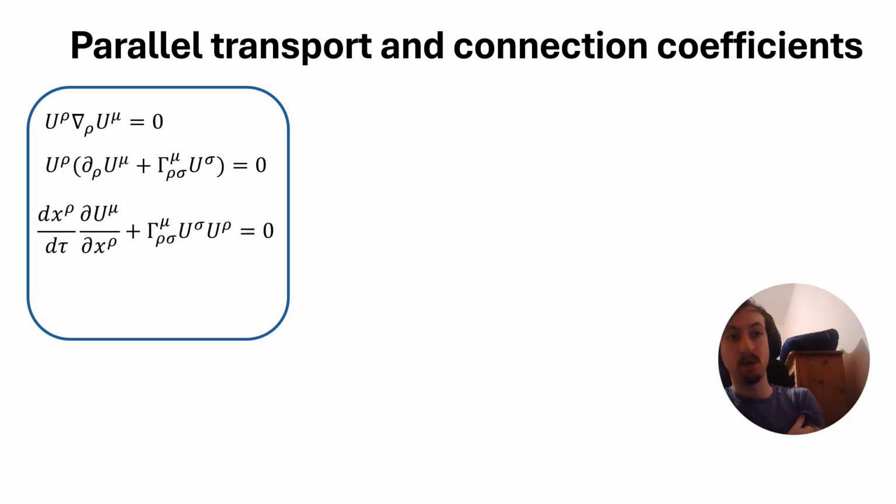So here I've just used the definition of four-velocity. And we notice that we essentially have the chain rule going on within the first of our two terms on our bottom equation.